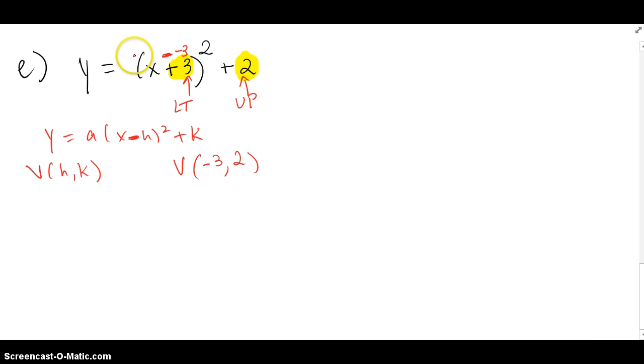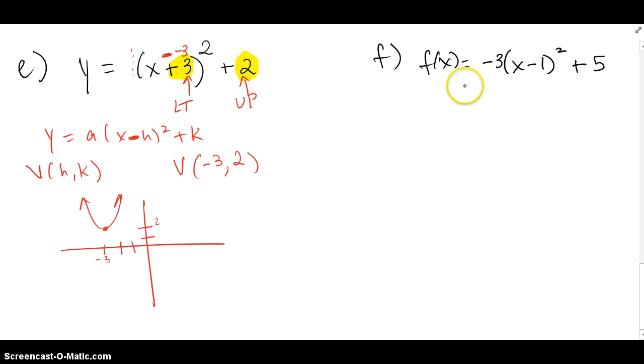And we do know the leading coefficient here is 1, so we just go to the vertex, -3, 2, and we know it opens up. There's our quick sketch. Alright, let's see here. This is going to make it open down, and it's going to be narrower because of the factor of 3.